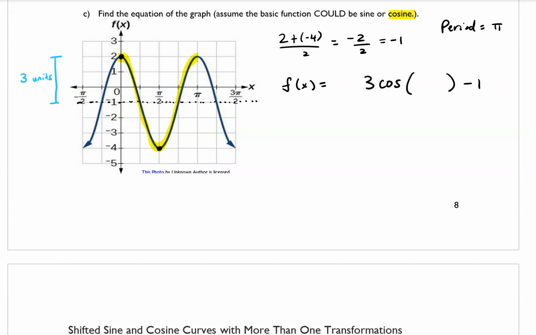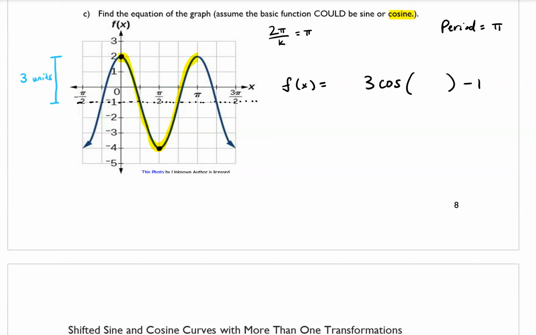is equal to pi. And from a previous video, or in this outline, a previous example, we saw that the period is equal to 2 pi over k. So we can set that equal to pi since we have that information there. And then we can solve that for k.